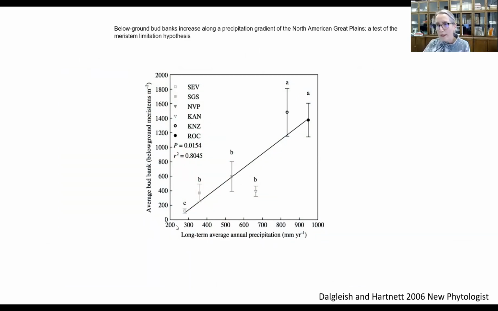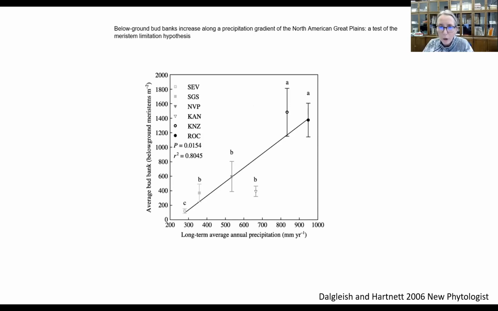And what does it mean? So here in this moisture part, the prairies are dominated by perennial plants, rhizomatous and non-rhizomatous plants, both.